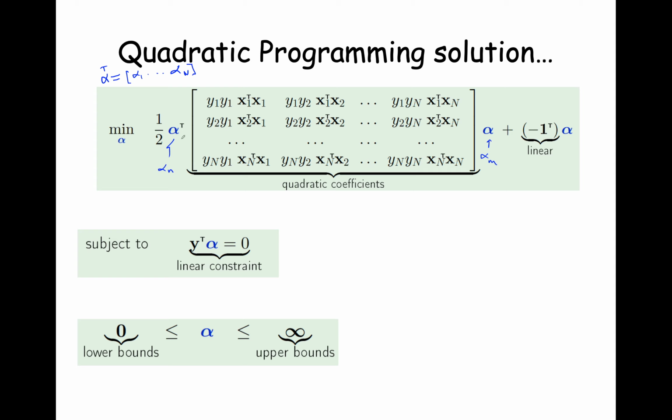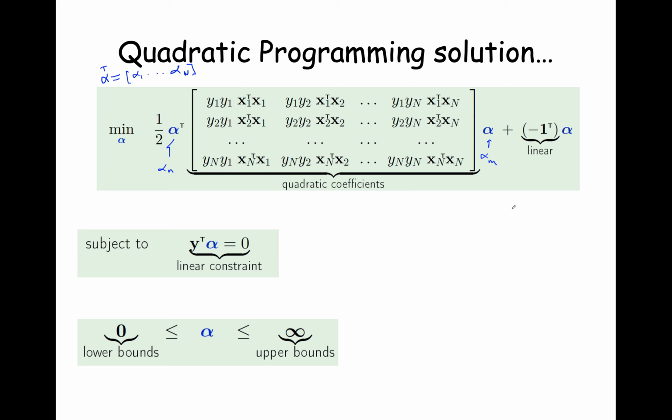We construct this, and we can read it off directly from the data set. So this first alpha transpose provides my alpha n from that double summation. This second alpha provides my alpha m from that double summation. And then I have minus the sum of 1 vectors. So this is just minus the sum of all the alpha i.